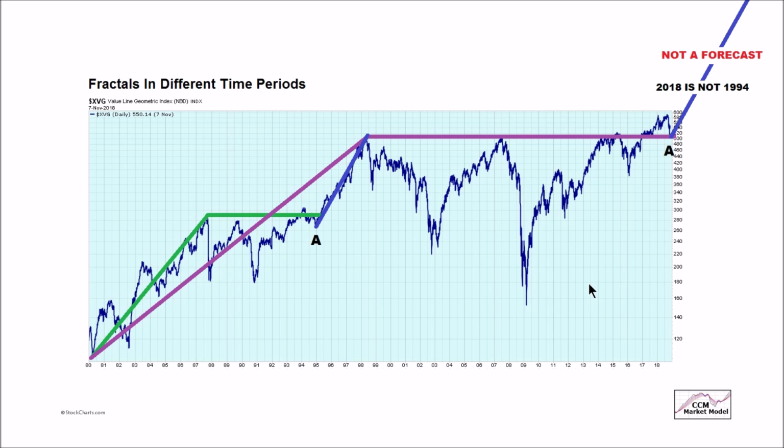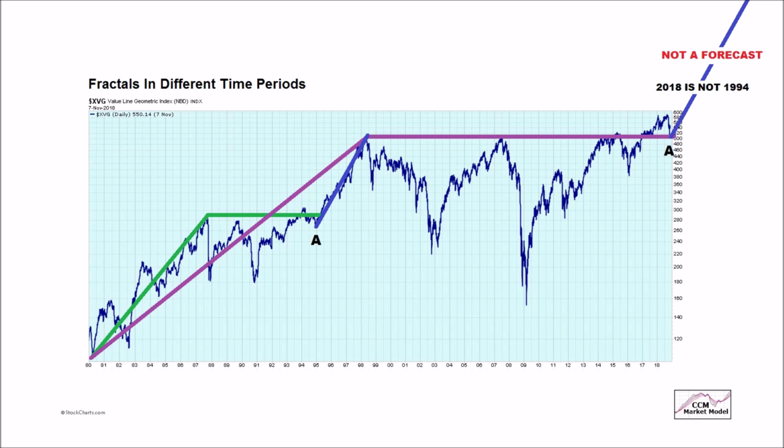And the purpose here is not to compare the fundamentals in 2018 to 1994. Are there significant differences between this point here fundamentally and this point here? Absolutely, positively, yes.